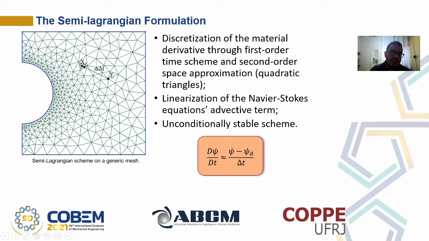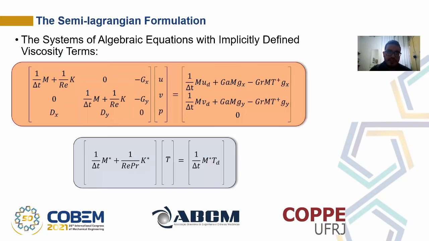So here in this scheme, we have X and X underline D. So this is the place where this point of fluid was in the previous time step. So we have psi D is the temperature at that point. So this is the material derivative in the discrete form. Finally, we get to the algebraic equations, like the system of equations.